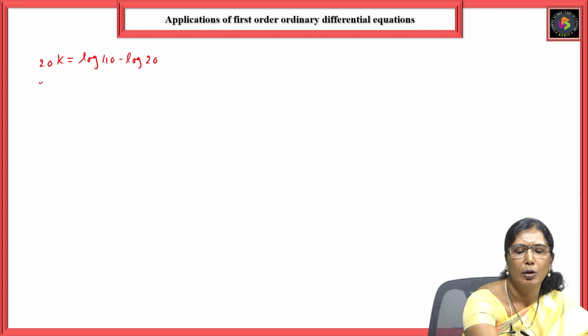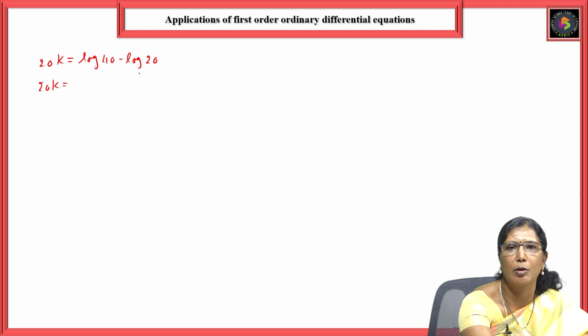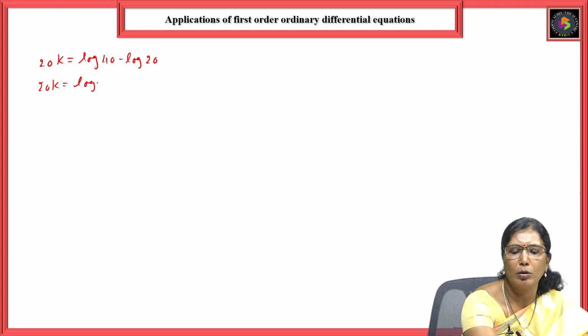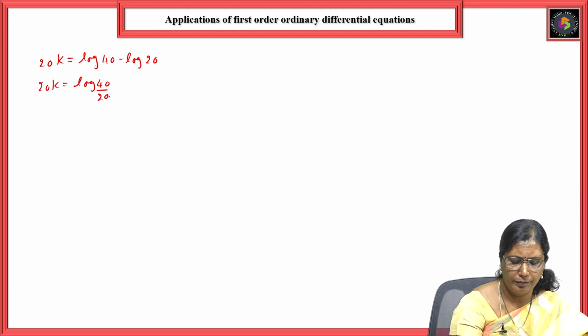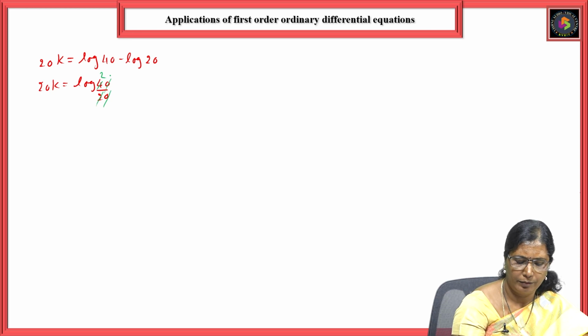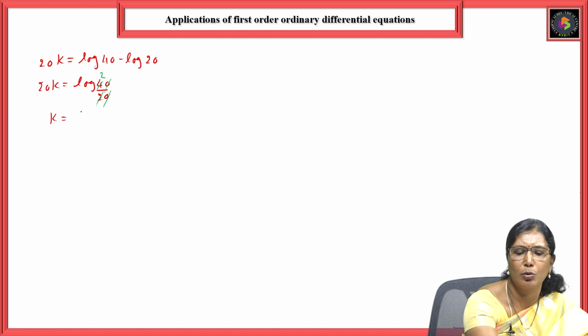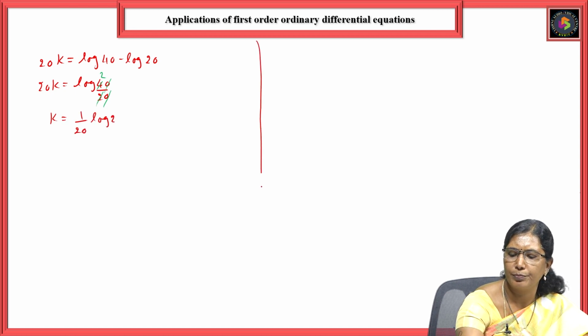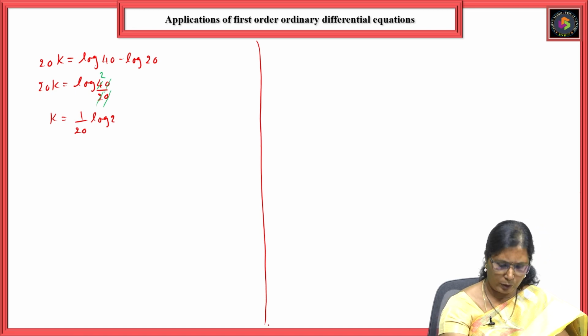Apply laws of log. Log a minus log b is nothing but log a by b. Log 40 by 20. So 0, 0 get cancelled, we get 2. What do you get k value now here? K is equal to 1 by 20 log 2. K value is 1 by 20 log 2.